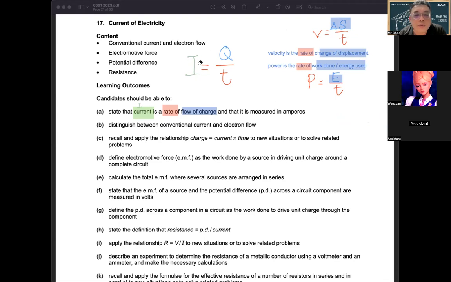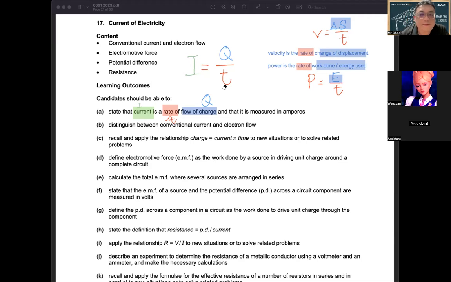Then we all know this formula: I is equal to Q over T. Before I continue, charge is Q, then rate of is divided by T. Understand? Anything that you see divided by T, you can say that is the rate of something. Clear so far?